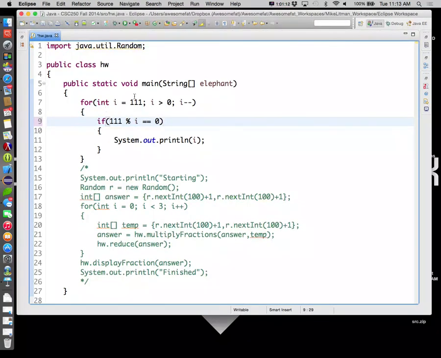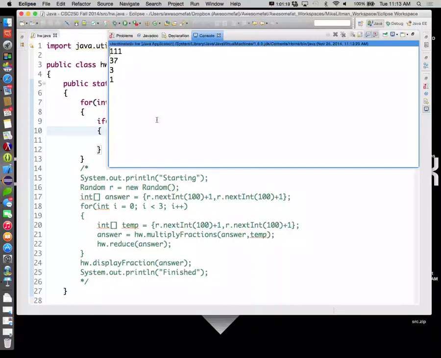So let's print these out again. We'll start off at 111 and print out all the values that are evenly divisible: 111, 37, 3, 1. So just looking at these top two, if 111 does not evenly divide the larger of the two values, well, we know it'll evenly divide itself, but let's say it doesn't.